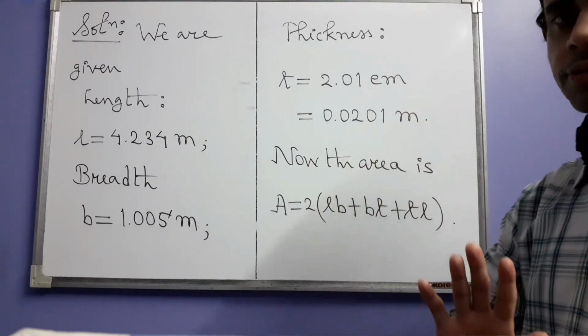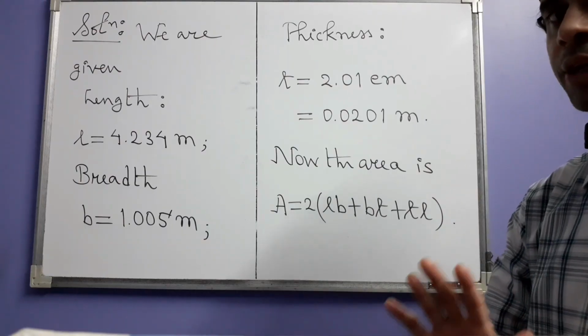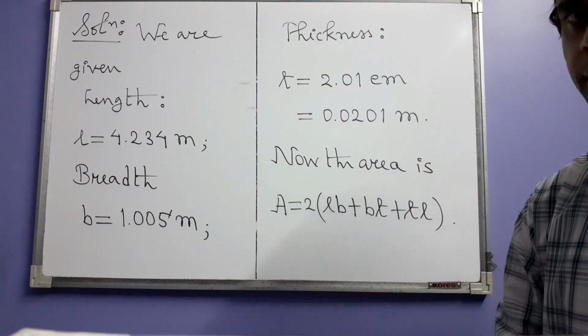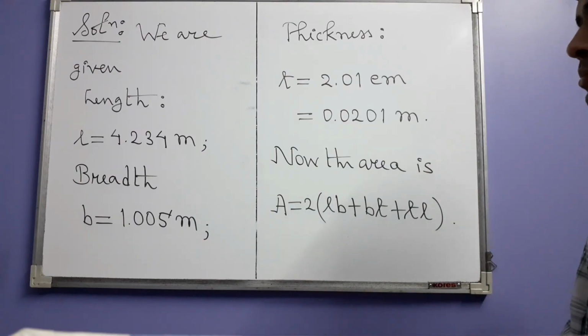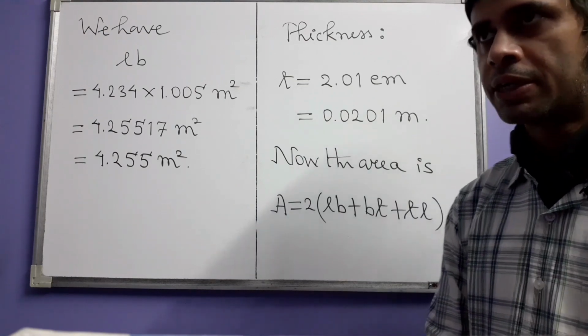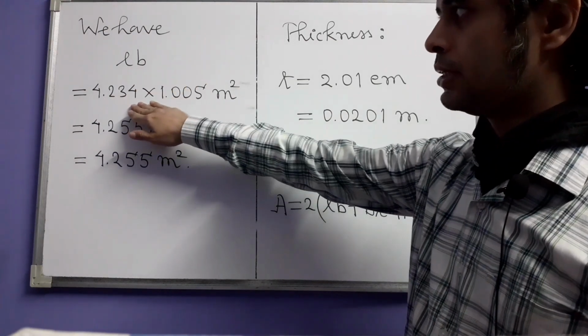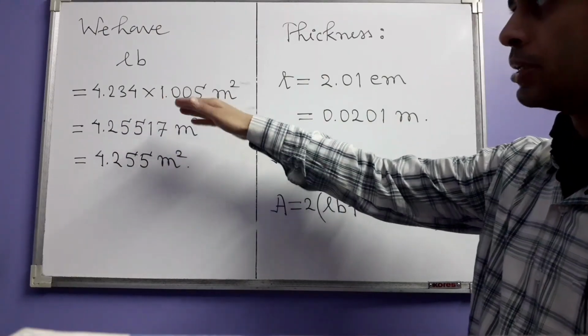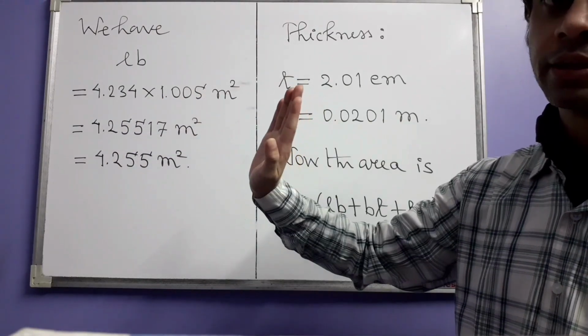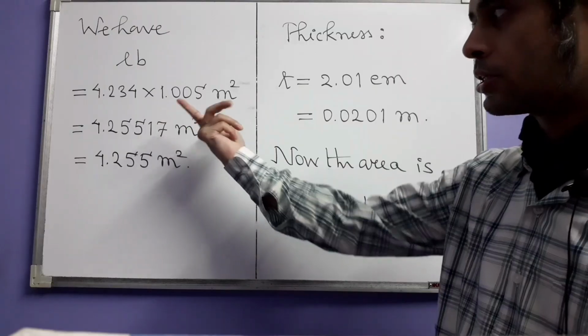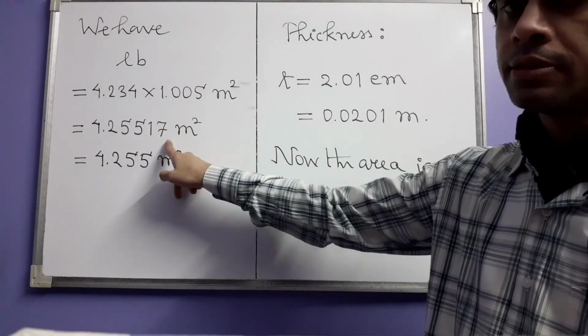And now we will do the calculation. And we have to be very careful at every step. You will see why. So we first separately calculate LB. LB means L has this value and B has this value, meter times meter, meter squared. And then we do the ordinary multiplication and we get this value.